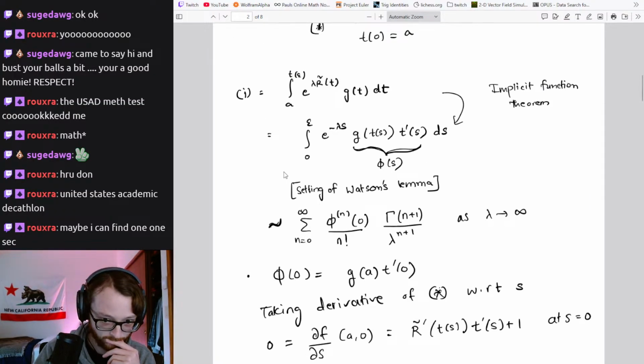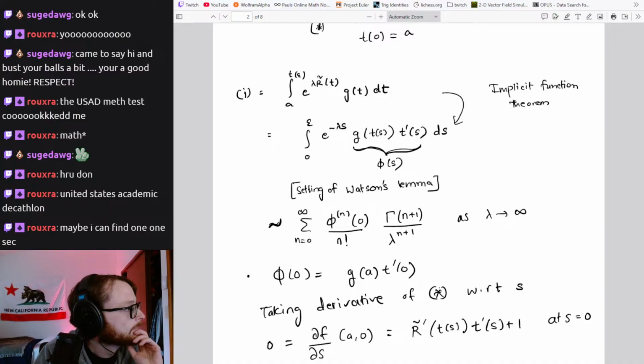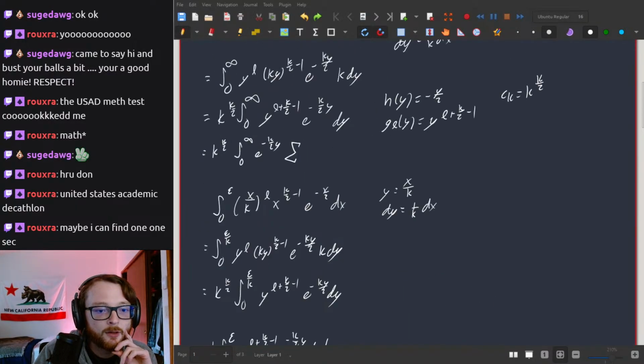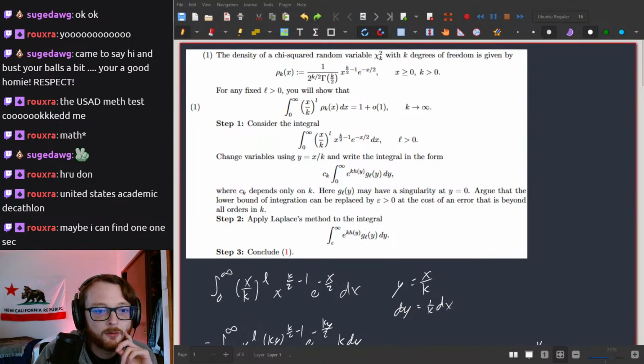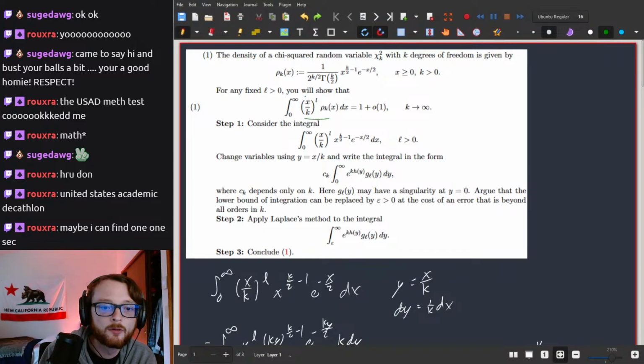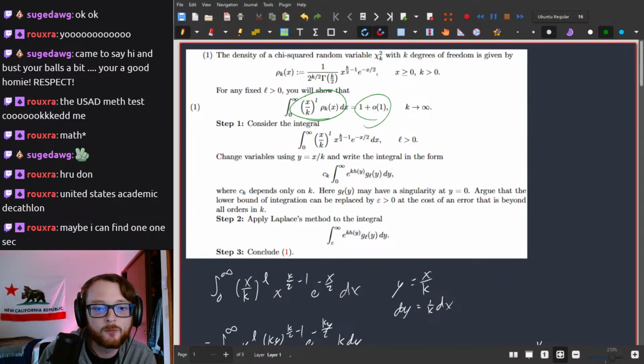But the next day, we just use the result of Watson's lemma. Theoretically, we're trying to conclude this integral is 1 plus little o of 1 as k goes to infinity.